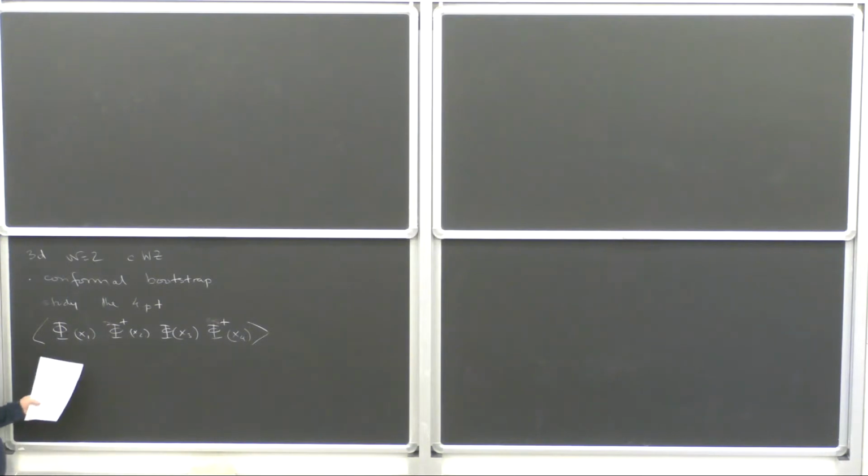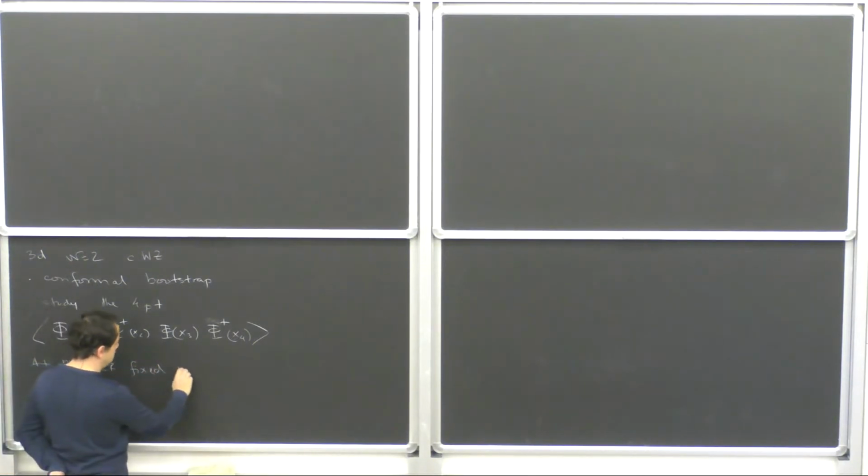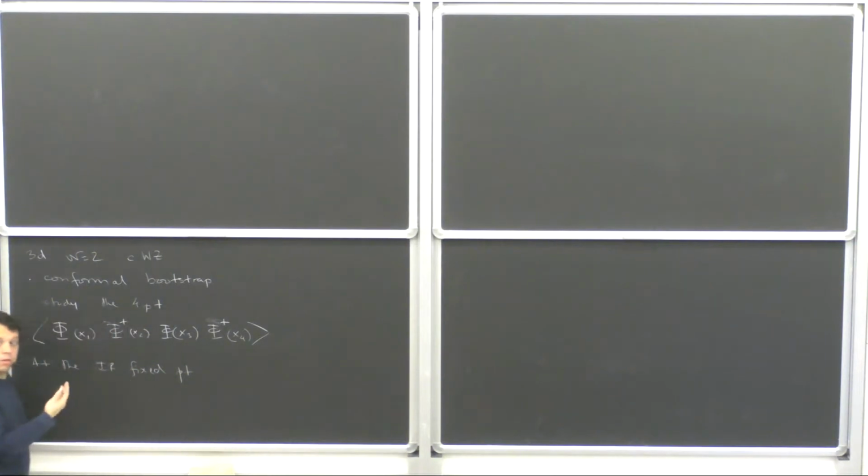All right, so you study this, and this is actually not one 4-point function. This is a system of 4-point functions, because at the conformal fixed point, the expectation is that phi is a chiral superfield, and at the IR fixed point this field, well, field is a classical concept, so it will be an operator in the quantum theory, and operators should fit in the superconformal multiplets.